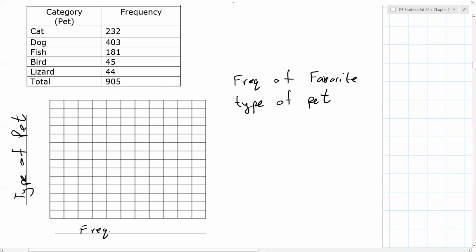So I'll start with cat, skip one, dog, fish, bird, lizard. Yep, and I think that works. And again, because I did not write out the whole name of the animal, I'm going to make a key that tells me what all of those are.